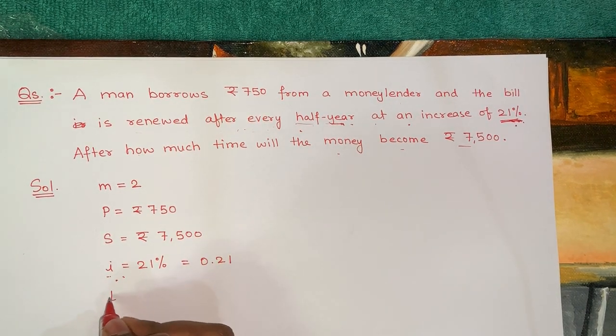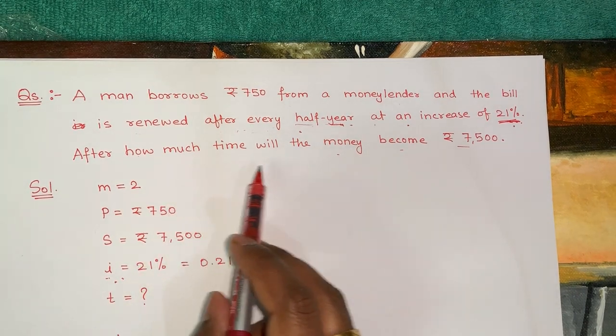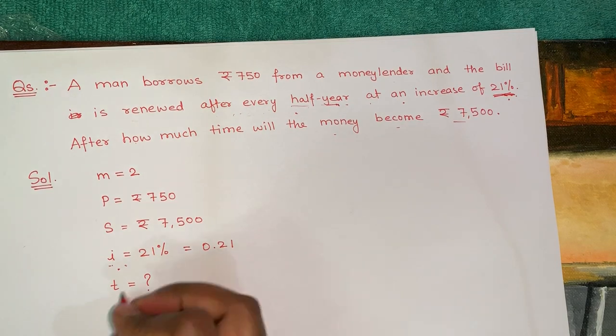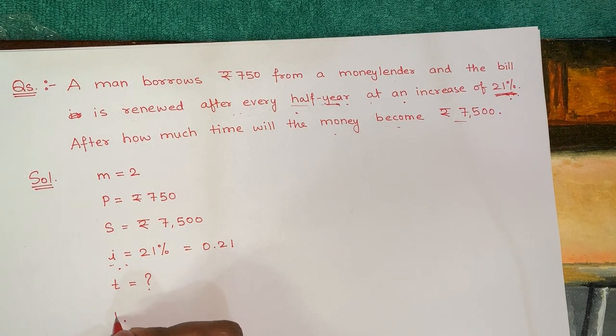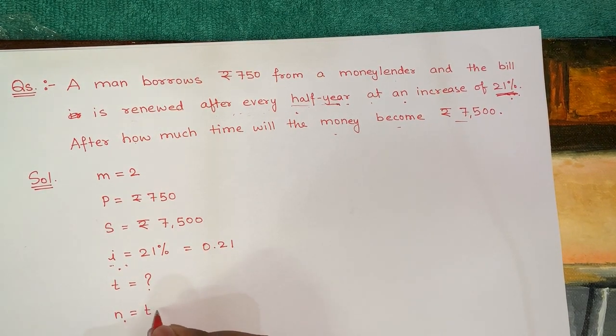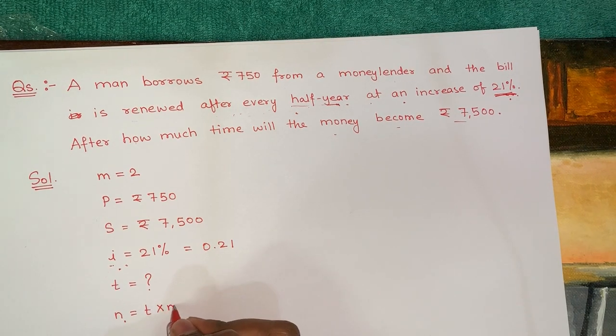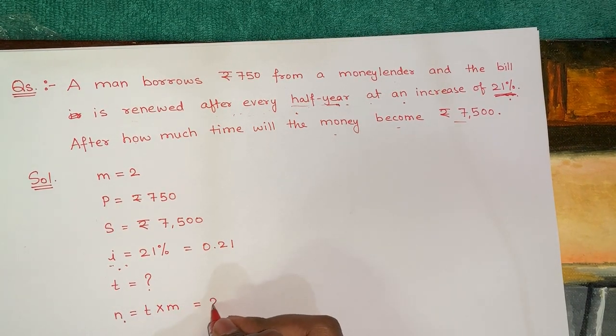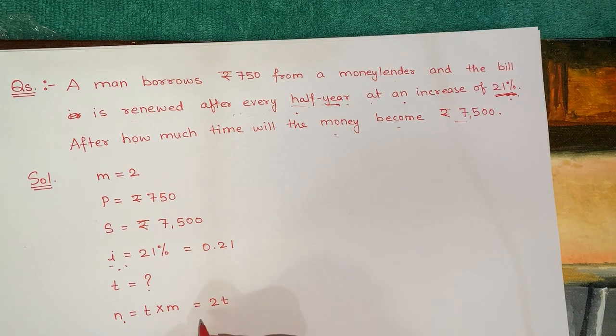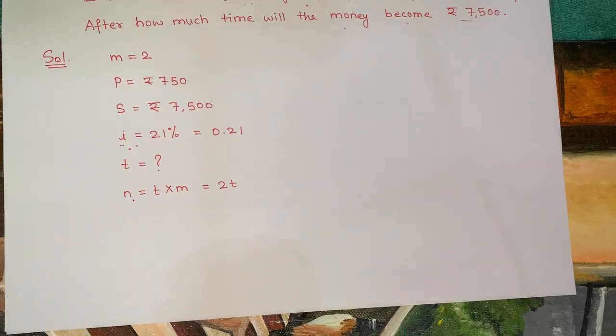Here we need to calculate our T. T is not known to us, so we need to calculate the time T. Now we all know that N is equal to T multiplied by M. Since we do not know T, we let it be T, so this becomes 2T. My N equals 2T.